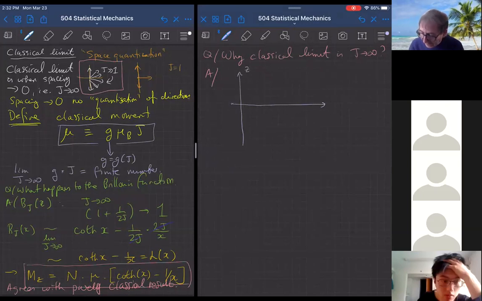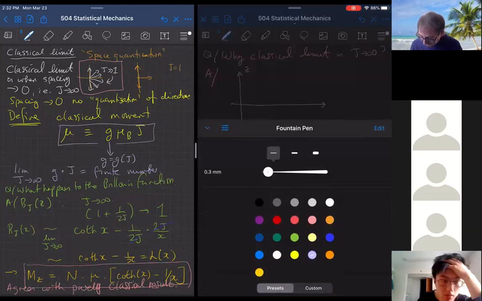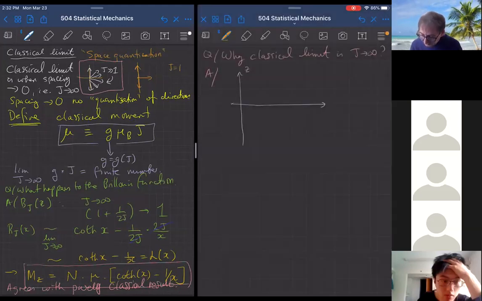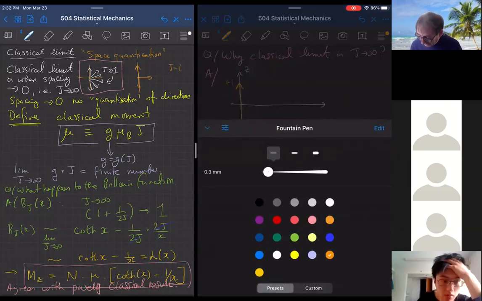So if I have, for example, this would be s is a half. So this is +1 and -1. So s is 1/2, and the spacing is +1 -1, which is 2 in these units.